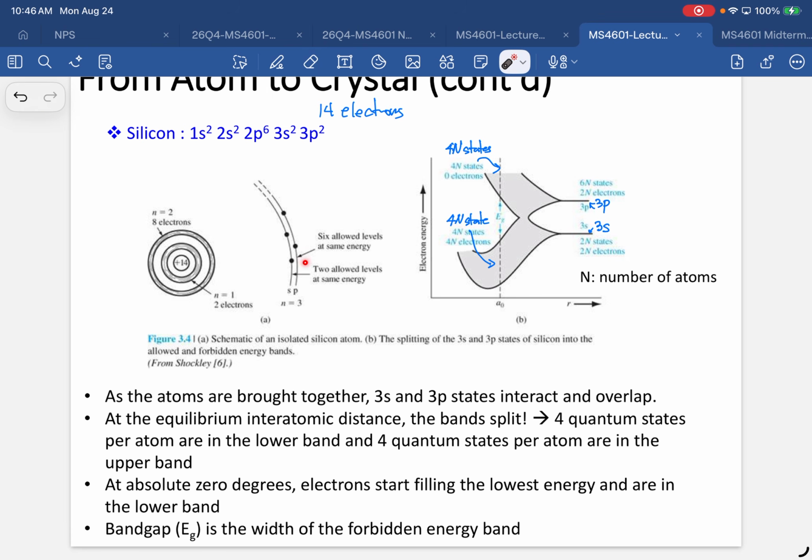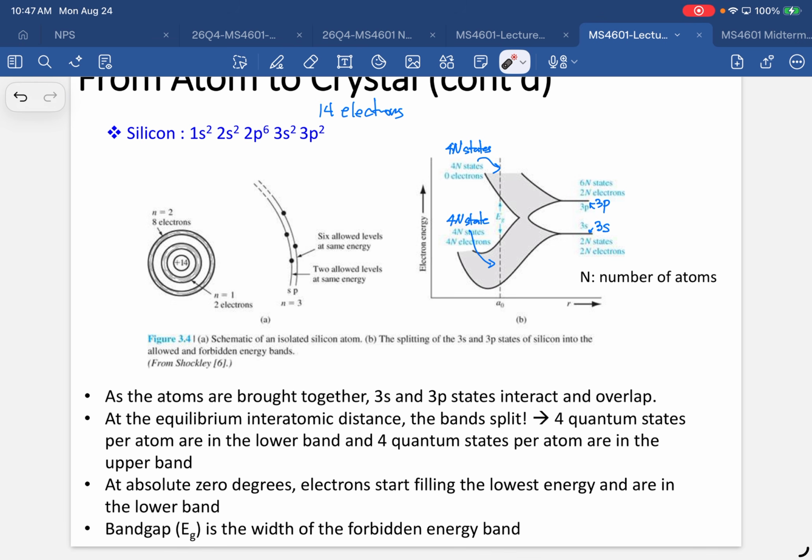If we construct a crystal, all those 4 electrons will be sitting in the lower band. At absolute 0 degrees, electrons start filling the lowest energy, and because we have 4 electrons available per atom, all those electrons will sit in the lower band.